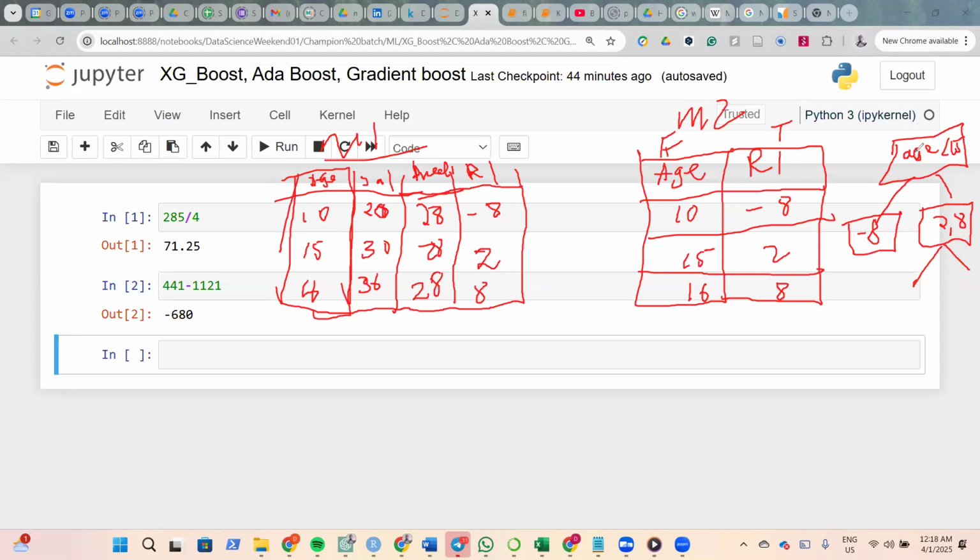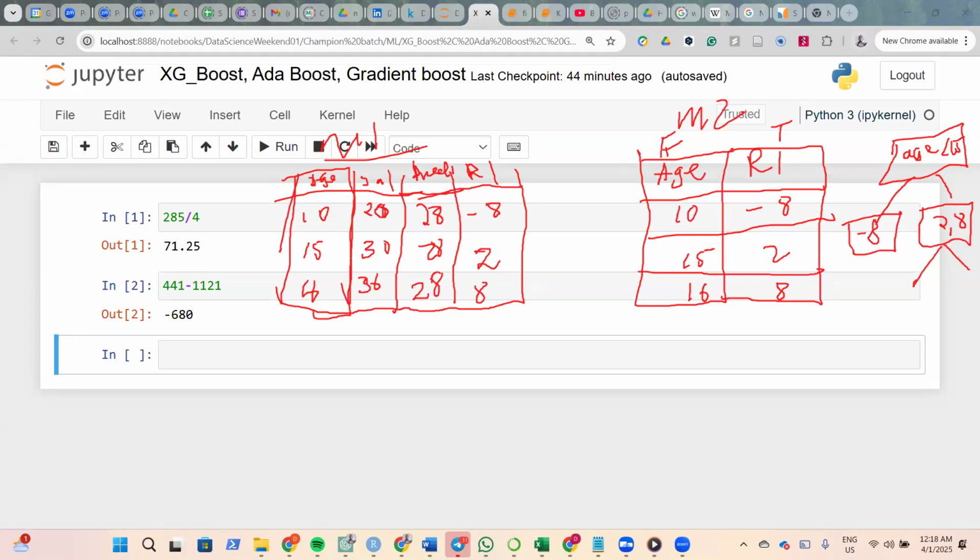Once you use the feature with the highest information gain for the first split, it is now going to go further and calculate the information gain for the next split.